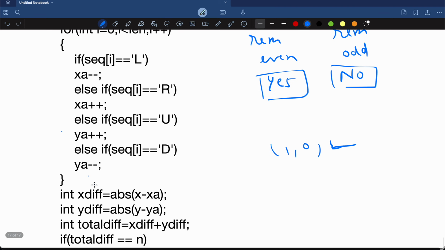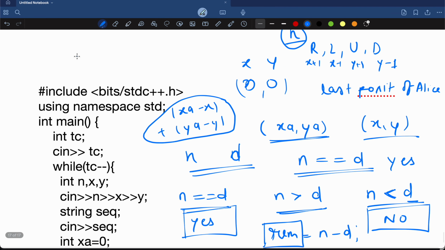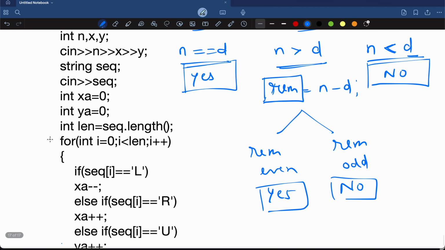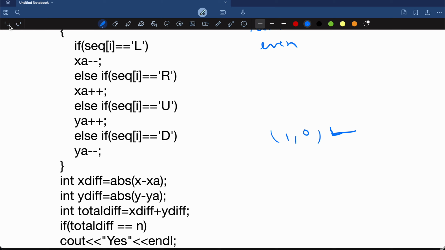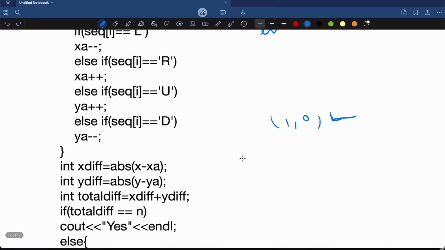I think the complete code is not there. Let me try to paste it again. Where did it go? Let me write the remaining code. So here I have calculated the differences x and y, and here I have calculated the total difference.